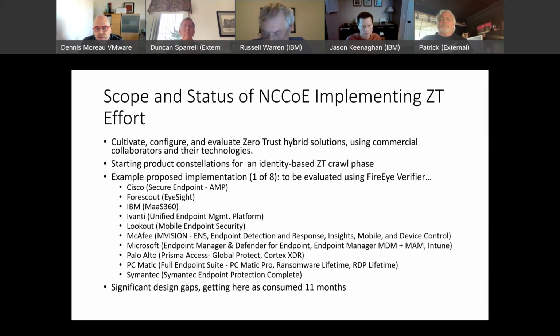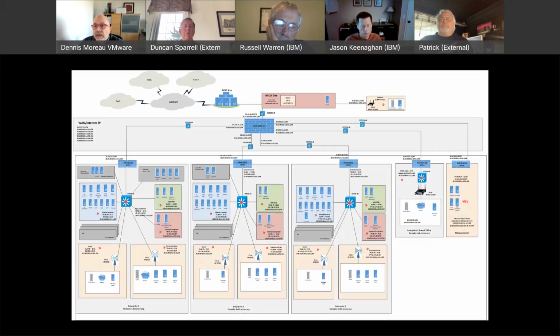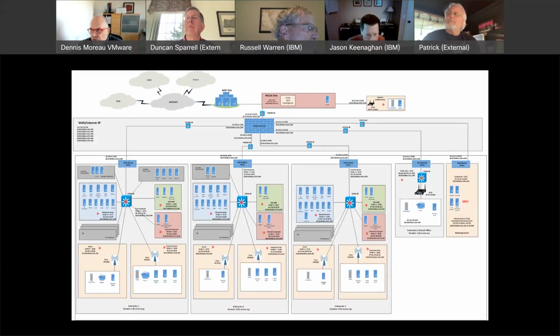They've gotten to the point where they've assembled the 8 candidate solutions and established the test environment. This is what the test environment looks like. It essentially establishes zones for 3 enterprise implementations of zero trust use cases. And the reason that there are 3 concurrent ones here is that there's a separate set of questions that come up in later working groups, I think use case 5 and 6 in NIST's list, that begin to focus on enterprise trust.